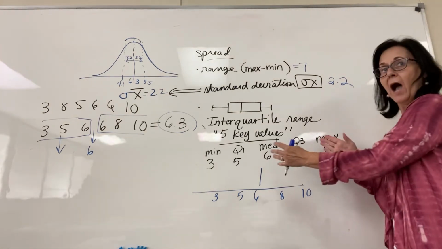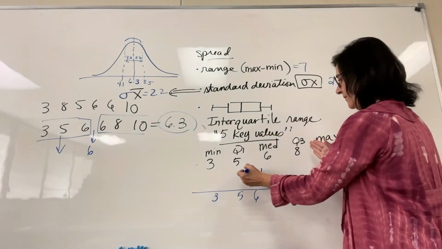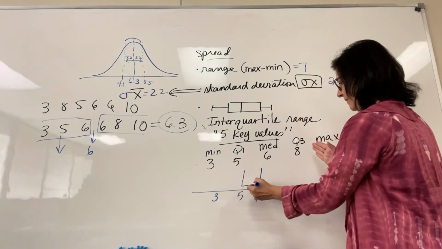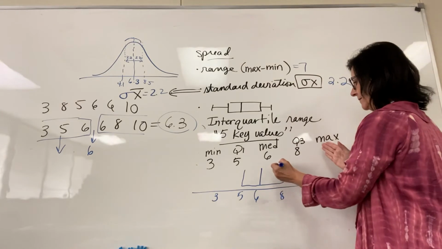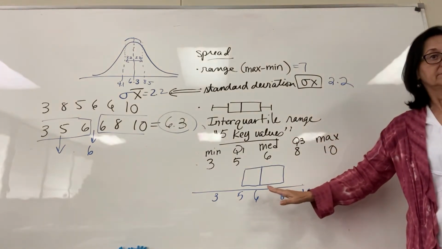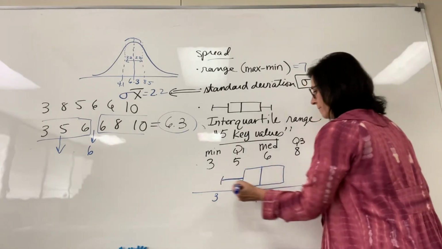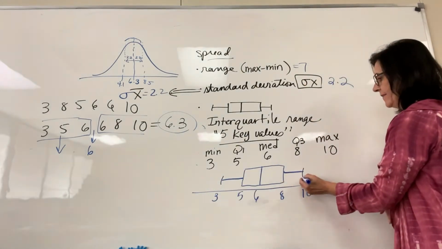All right, so my box goes from quartile 1 to quartile 3. So 5 to 8. That's my box. Then the whiskers go to the min and the max.